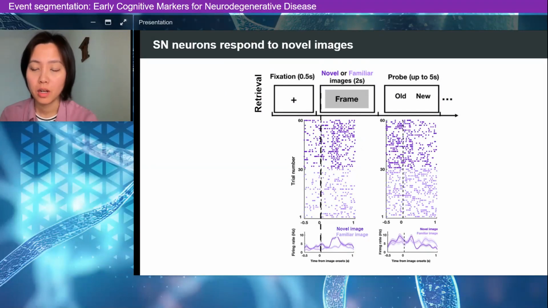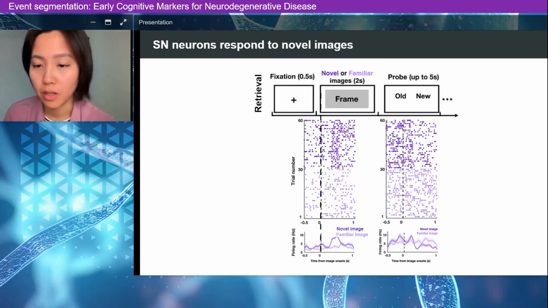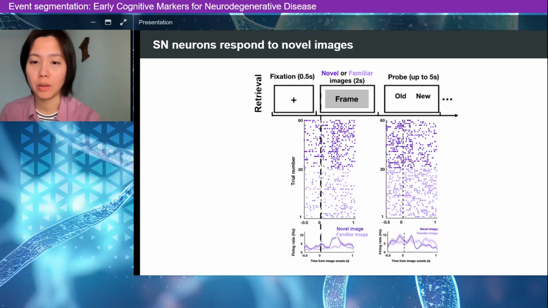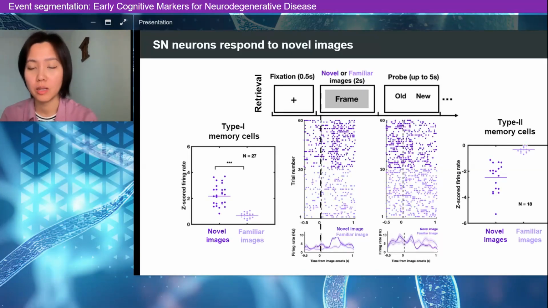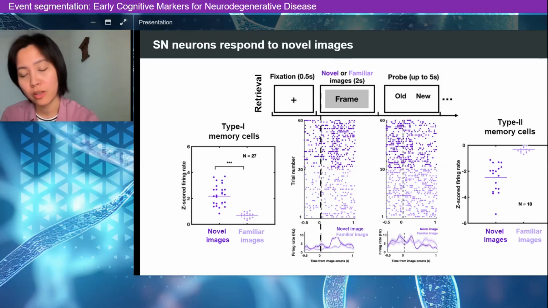And similar to the boundary neurons we have observed, there are also types of substantia nigra neurons that decrease their firing rates compared to the baseline and the familiar images when responding to the novel images in the retrieval tasks. And across all the subjects we recorded, we have observed 27 memory cells and 18 memory cells that either increase or decrease their firing rates when responding to the novel image against the baseline versus the familiar images as well.